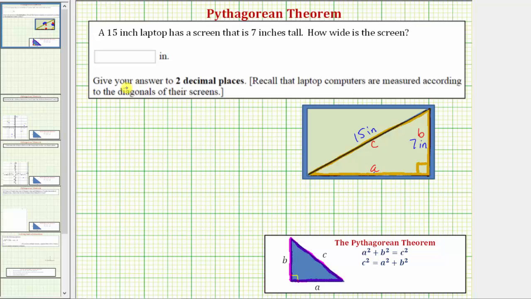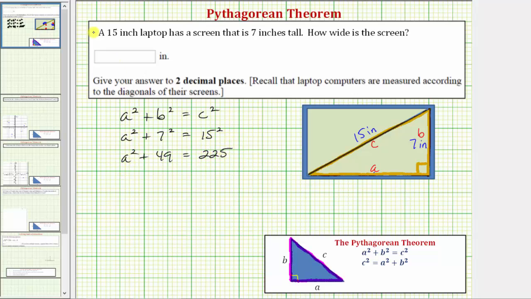And now let's use the Pythagorean theorem in the form a squared plus b squared equals c squared. So we'll substitute 15 for c and 7 for b. So we'd have a squared plus 7 squared equals 15 squared. So we have a squared plus 7 squared is 49 equals 15 squared equals 225.